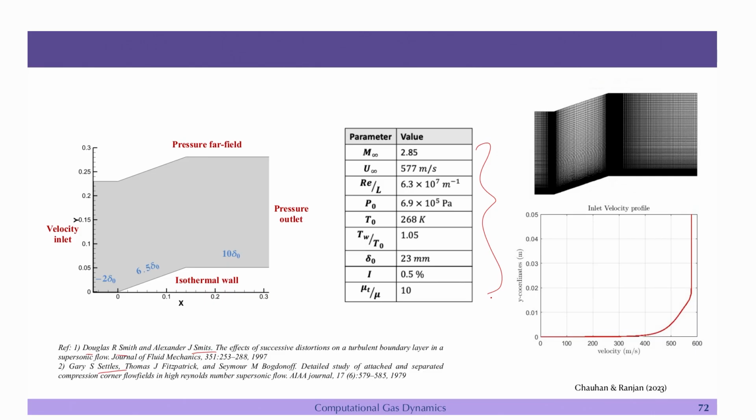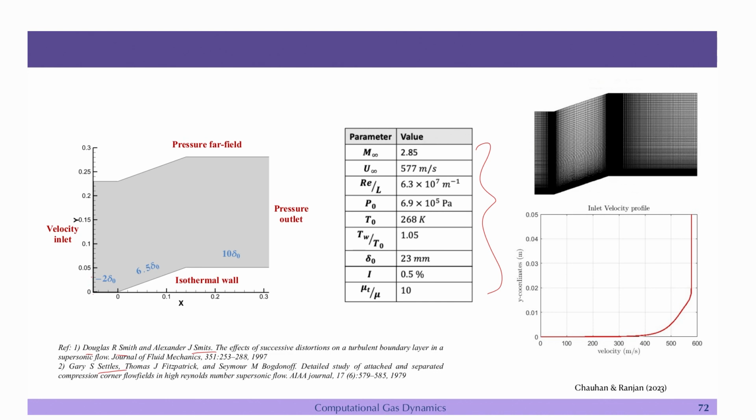If you want to solve this problem, you have to mimic the experimental setup. This is the domain, and then you apply the boundary layer. There was an incoming boundary layer, and you do not want to simulate the entire domain.